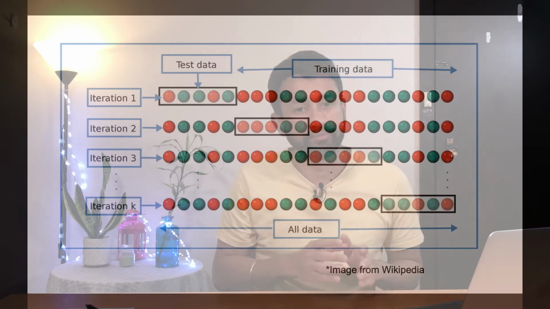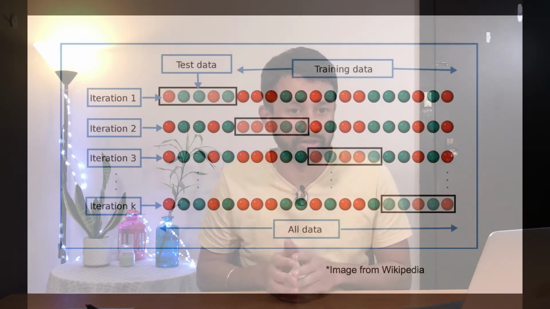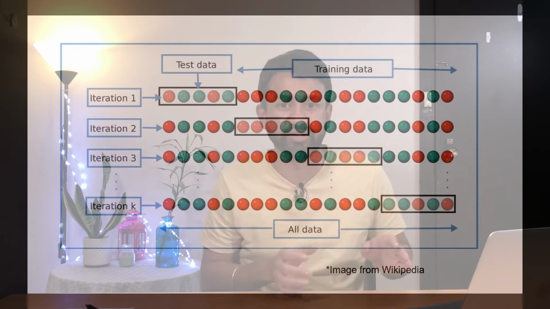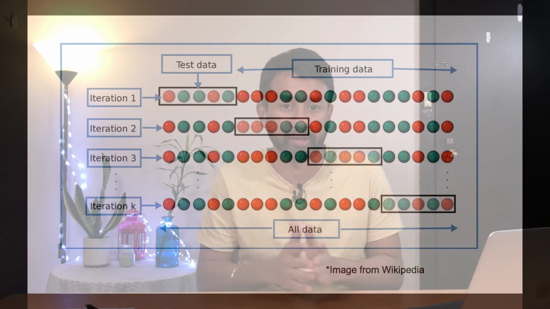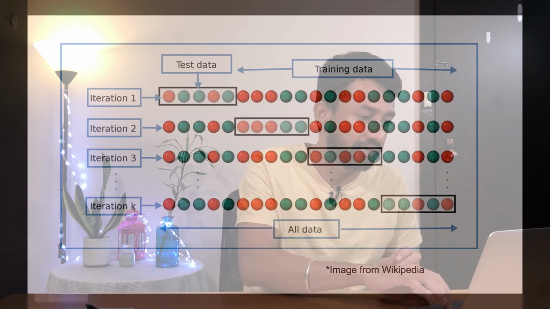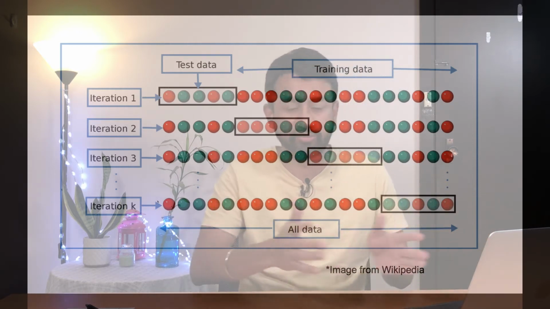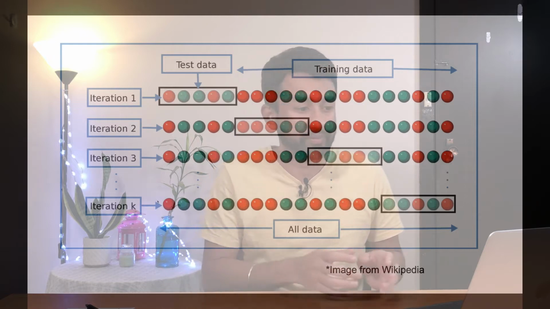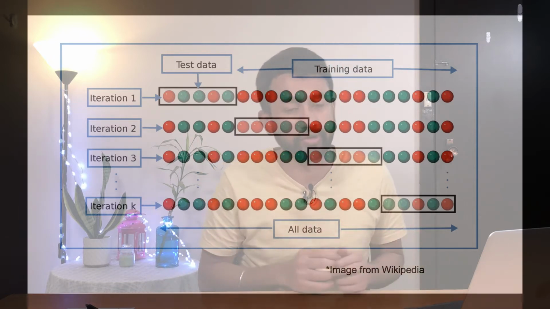When we use k-fold cross-validation, k is the number of groups that we divide the data into. So in this case, we are having k iterations.